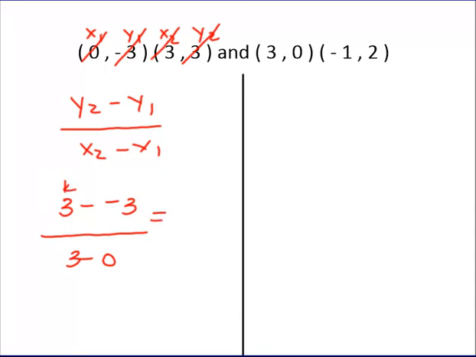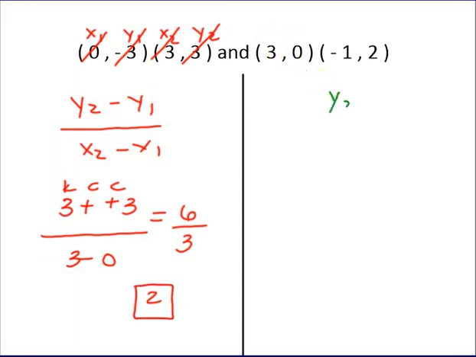So here we have keep, change, change. So keep the 3, change minus to plus, change negative 3 to positive 3. So that's going to be 6 over 3 minus 0 is 3. When I simplify that, I'm going to get 2.